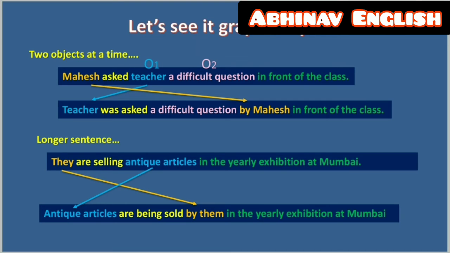So our object, the what part, is antique articles, selling what? Antique articles, that we are going to take first in passive. So the answer will be, antique articles are being sold by them, they becomes by them, and the extra information remains the same, in the yearly exhibition at Mumbai.